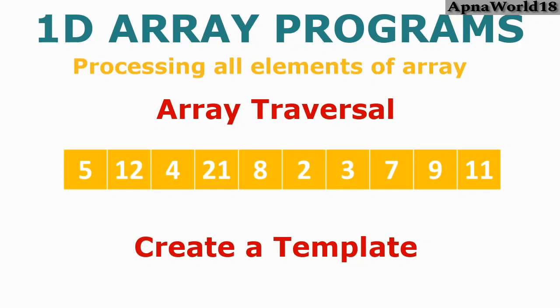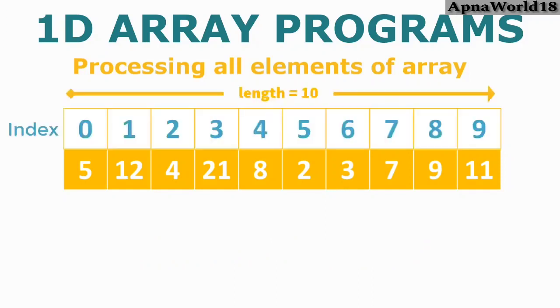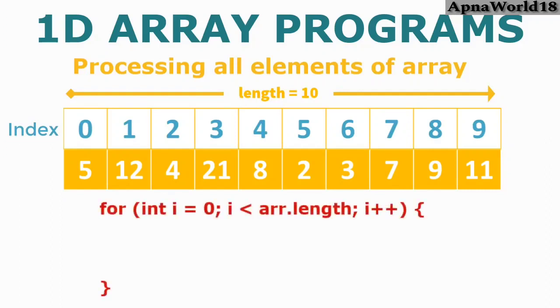So how do we create this template? We know in an array, each element is stored at an index value starting from 0. So we will use a for loop to generate this index for us. This loop will start from 0 and run till the length of the array. Here we are using the array property called length, which gives us the number of elements in an array.